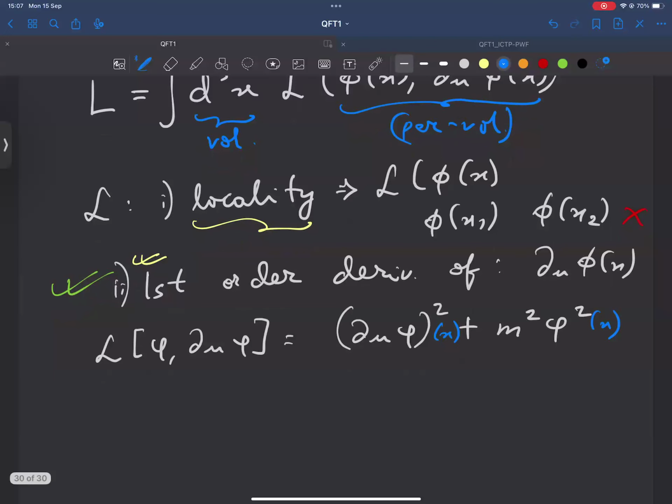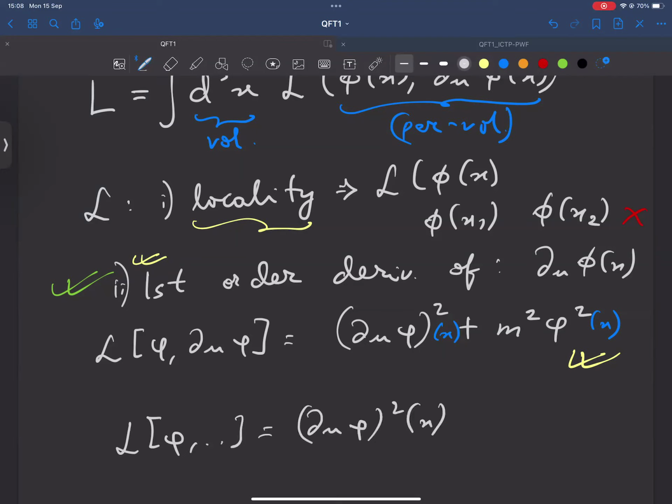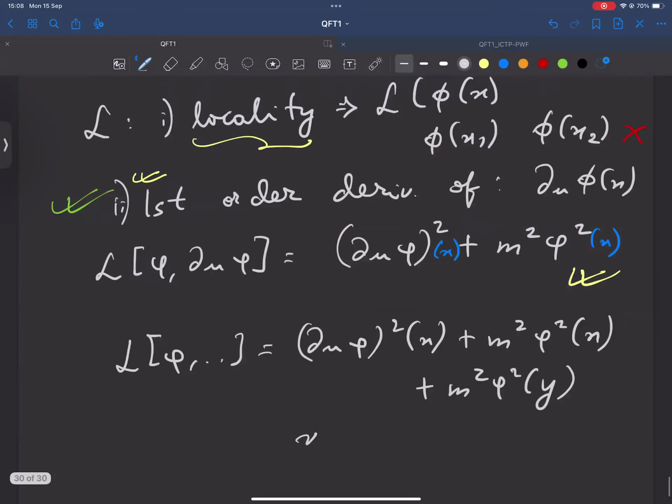So this is what a local Lagrangian is. A non-local Lagrangian would be something like this. You will have the first piece like this, evaluated at x, but you can have terms like this, plus m square phi square y, where x is not equal to y.